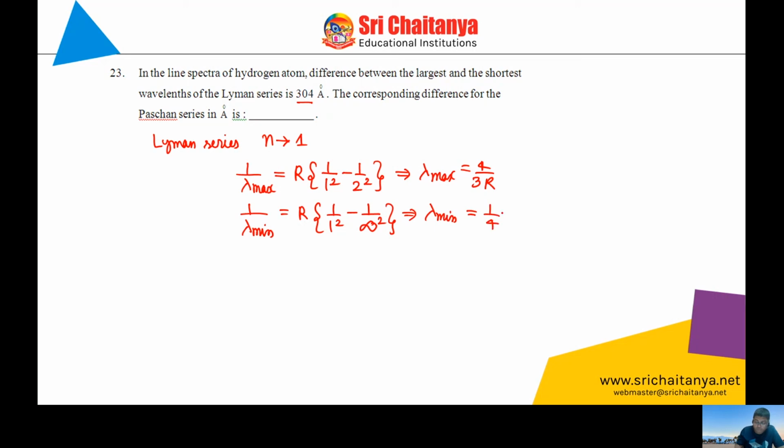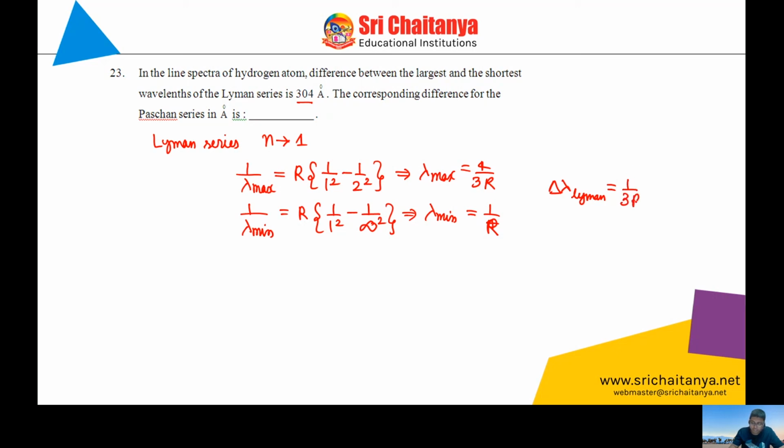So the difference over here, delta lambda in case of the Lyman series, will come out to be equal to 4 by 3R minus, sorry, that is 1 by R, I must write, pardon. So 4 by 3R minus 1 by R will be simply 1 by 3R.